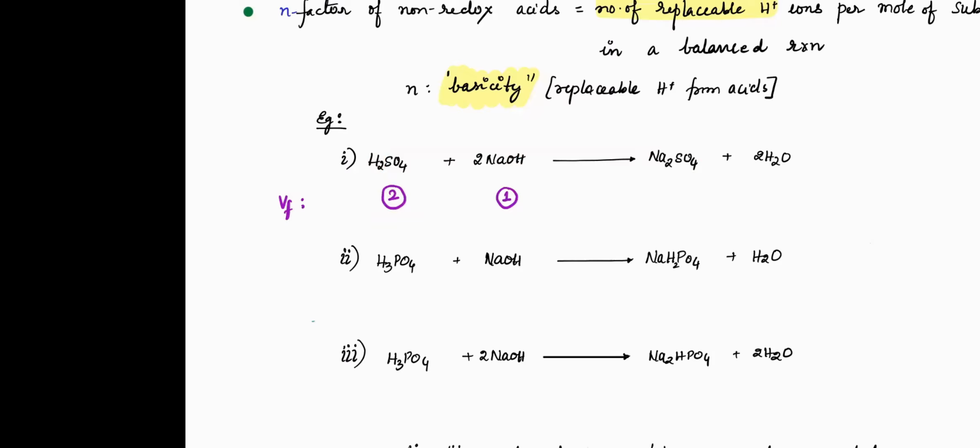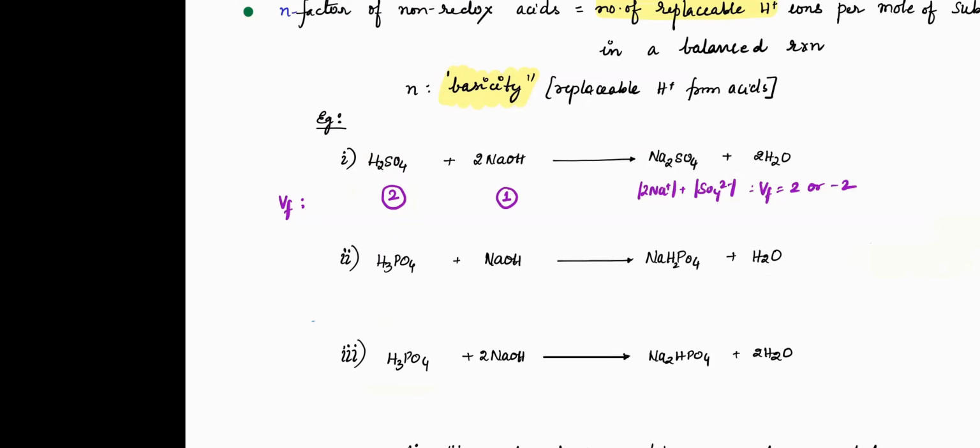In case of salt, you will check the total positive value or total negative value. That means if you have 2 Na plus and SO4 2 minus, the valency factor in this case can be written as 2 or minus 2. You can write it either way.